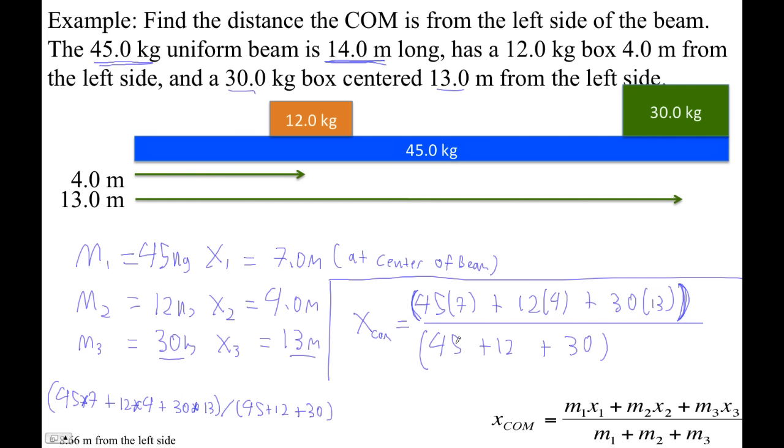Let me do that. The result is 8.655 meters from the left side. Ta-da.